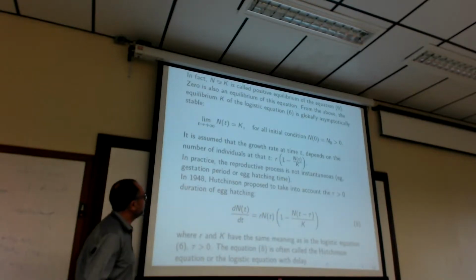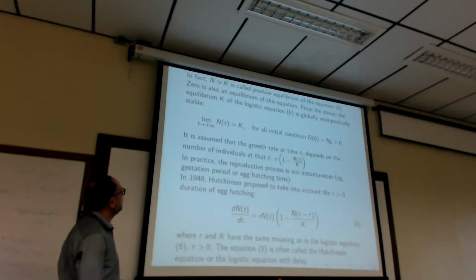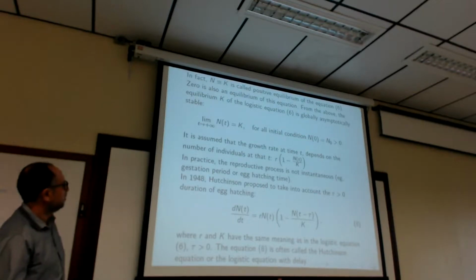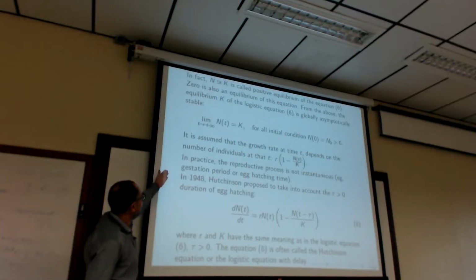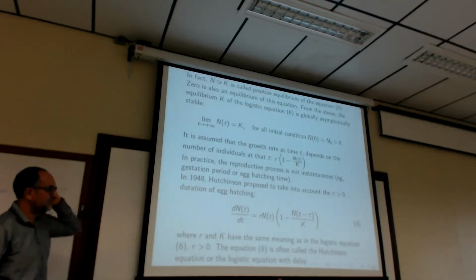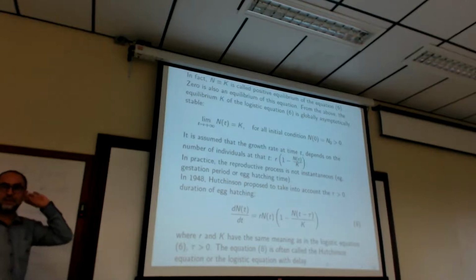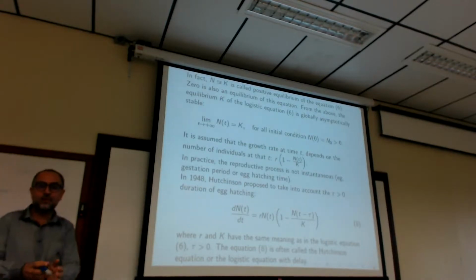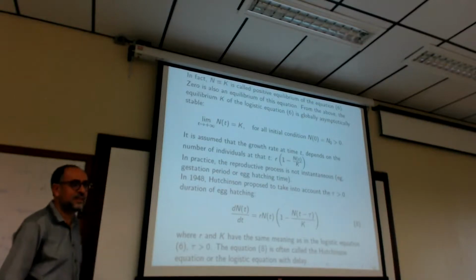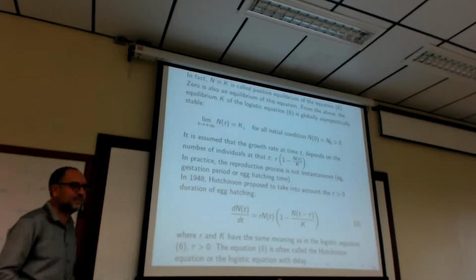But we know that in practice, the reproductive process is never instantaneous, because there is a period of gestation, or for eggs, we need hatching time. It's not instantaneous. When you are eggs, you will not become adult instantaneously. You need a certain time, and sometimes it's very long.